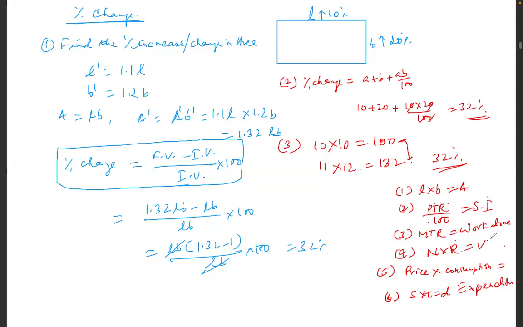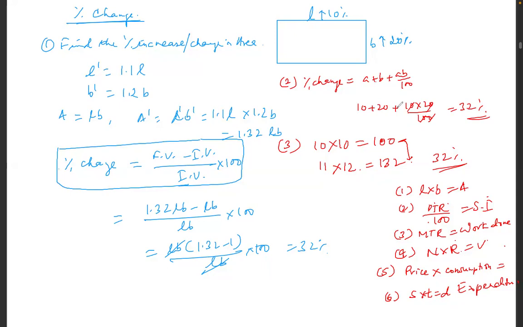Same calculation. A plus B plus AB by 100: 10 plus 20 plus 10 into 20 by 100, same 32%. If price of commodities is increased by 10% and consumption is increased by 20%, then find the percentage change in expenditure. What will you do?